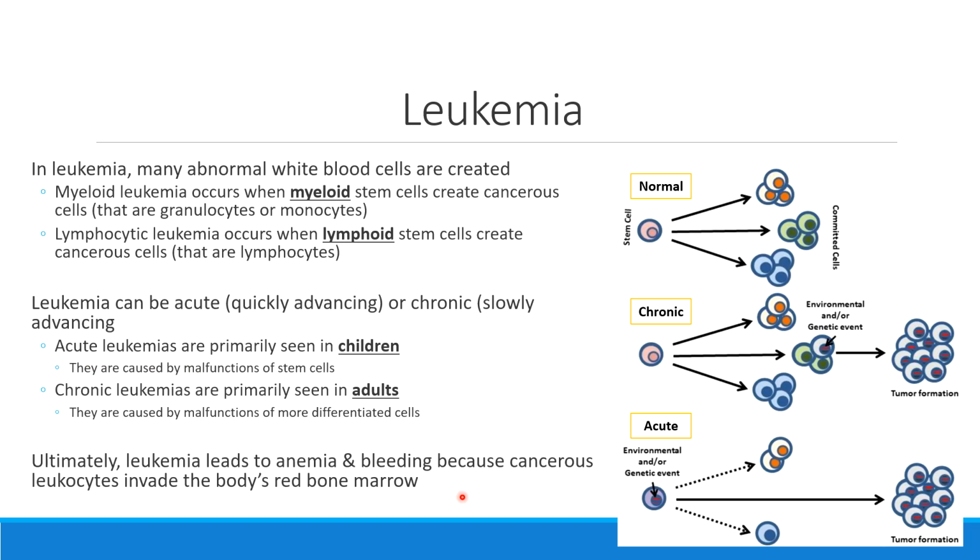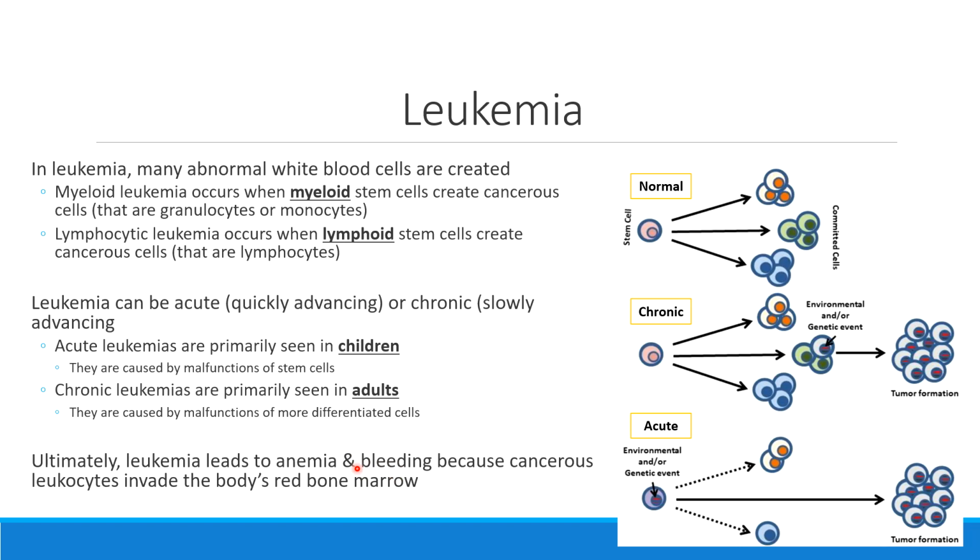Ultimately, what can make leukemia so deadly is we end up with anemia. Remember that anemia is when we don't have enough red blood cells, or the red blood cells aren't functional. We can also have issues with bleeding. We're getting ready to talk about platelets, which help to stop bleeding.